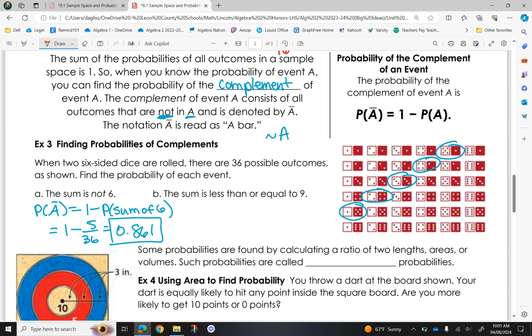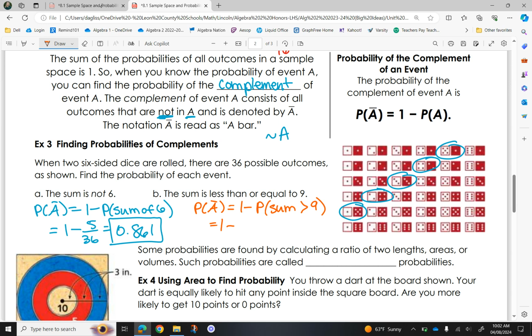So the sum is less than or equal to 9. What would the complement of that be? What is not? What's greater than? 1 minus the probability of a sum greater than 9. So we're looking for sums of 10, 11, or 12. This is nice when there's fewer of those.